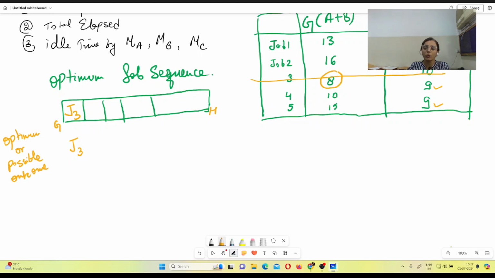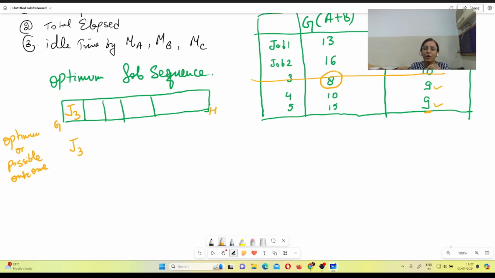Now we have started J. Normally, we find out the corresponding time taken by that machine. If I'm taking a 9 over here, if I'm taking job 5, the corresponding time for this is 15, the maximum time.